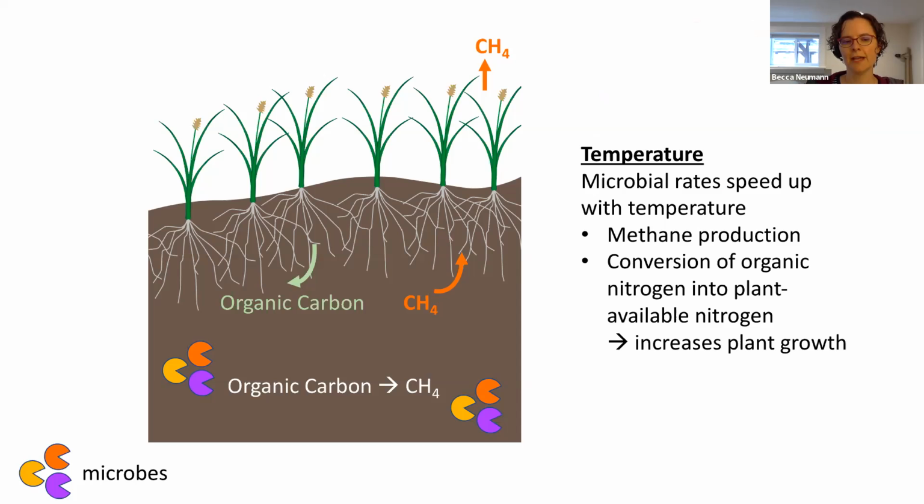However, we can also have microbes that are converting organic nitrogen into plant available forms of nitrogen. And as that process speeds up, we can increase nutrient availability to the plants. And so we can also, with temperature, see an increase in plant growth. And then, of course, that can feed through and have an impact on methane emissions.